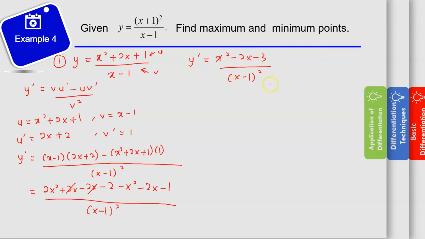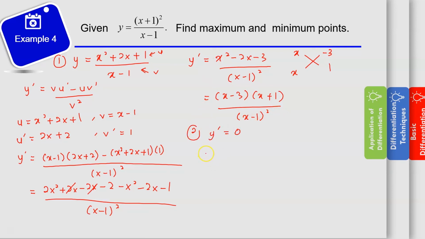And how do we solve this one? You can actually factorize this part. When we factorize it, we have x times x, and negative 3 times 1, so it equals (x minus 3)(x plus 1) divided by (x minus 1) squared. Then step number 2: we make y prime equal to 0.